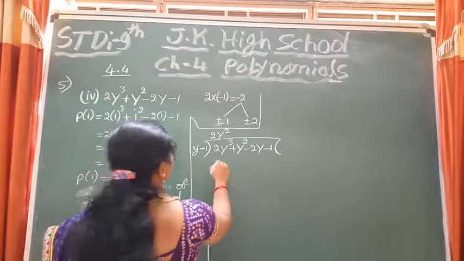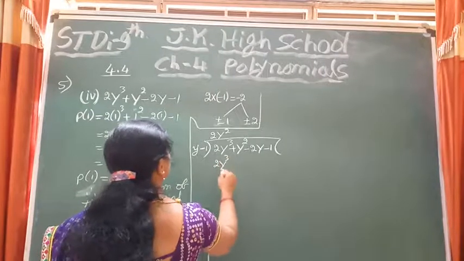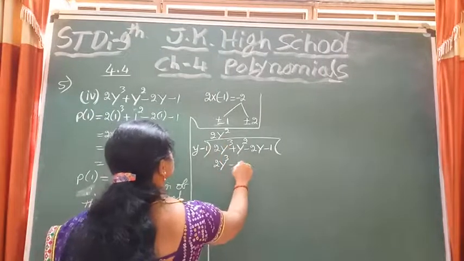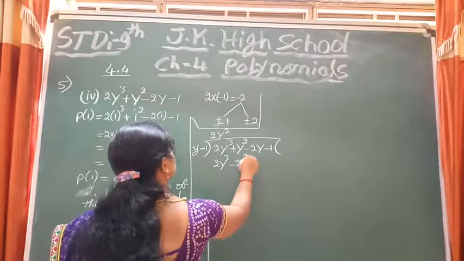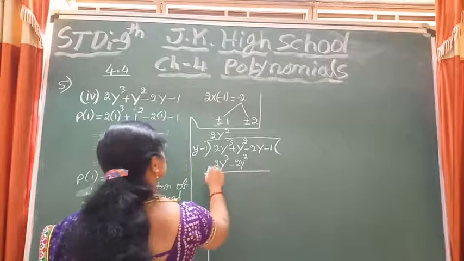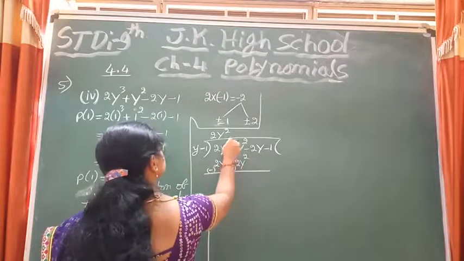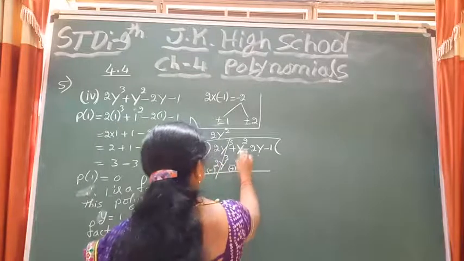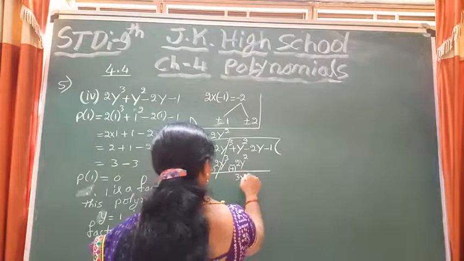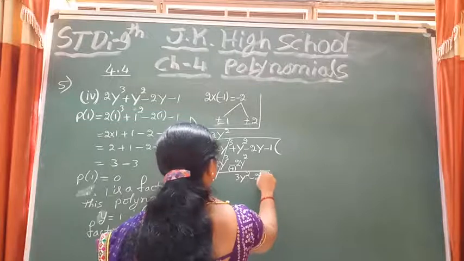Multiply 2y cube, minus into plus minus 2y square, then change the sign, plus 2y square, plus 2 plus 1 is plus 3y square minus 2y.